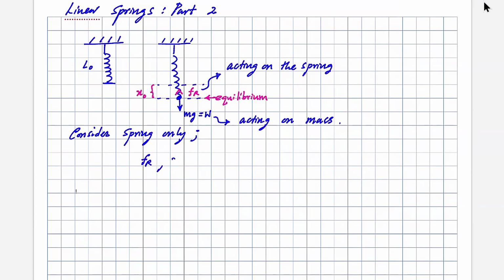Fr, x0. Those are the observables on the spring, right?